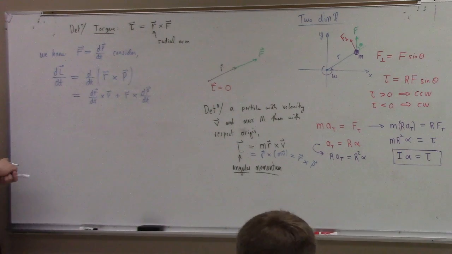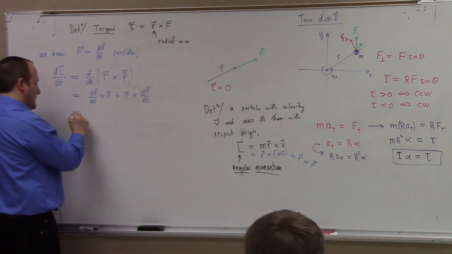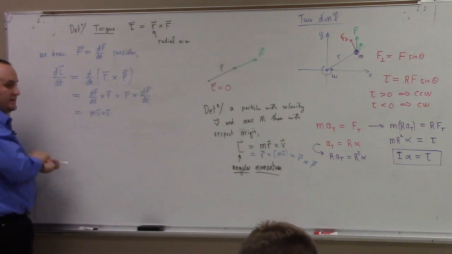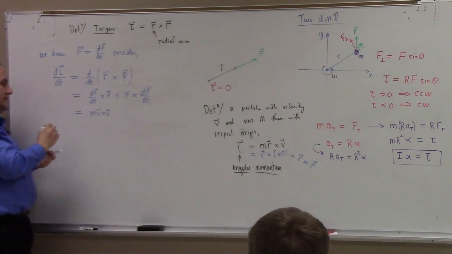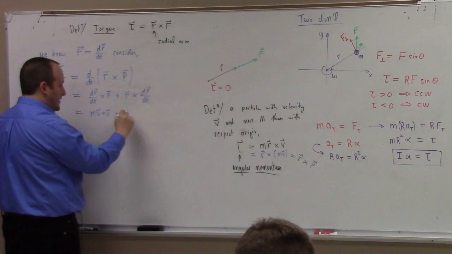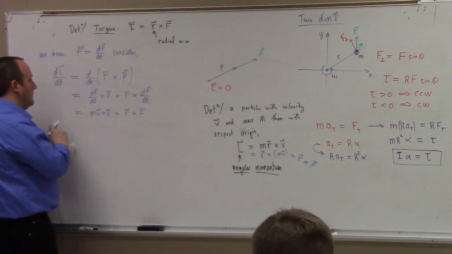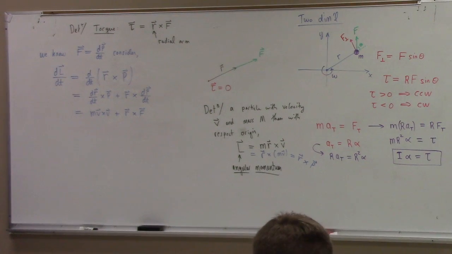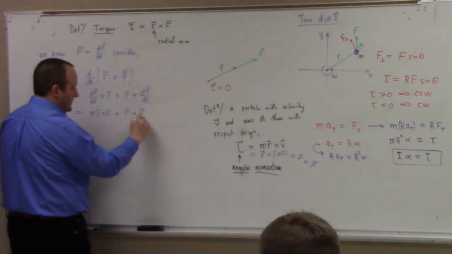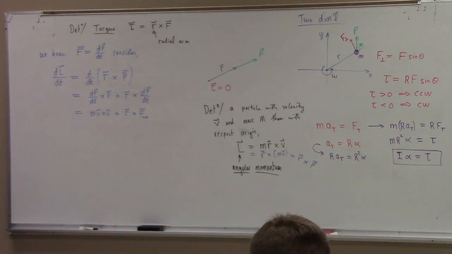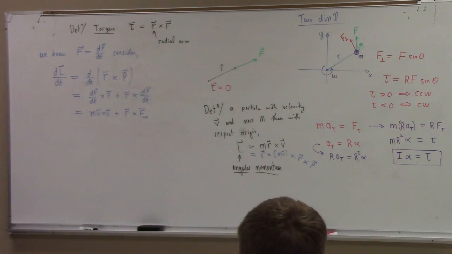The first term is just m times v cross v if you think about it in terms of velocity. And the second term is r cross the net force. I should be clear, this is the net force, but I'm really thinking about a point mass in this discussion, a particle. v cross v is what?